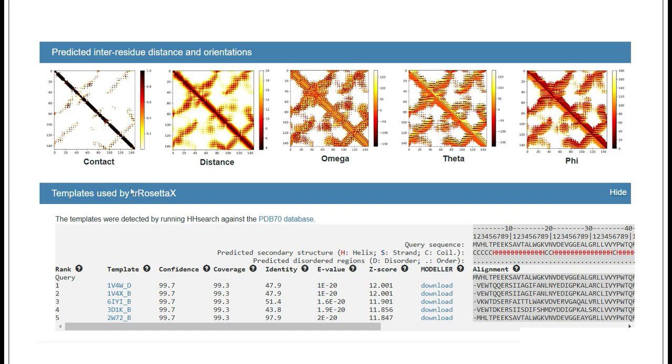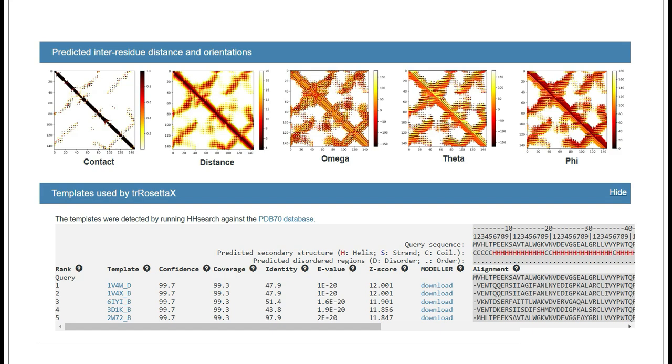Then below the heat maps, you will find a section titled Templates used by TR-Rosetta. Here the first column shows the rank of each template. The rank indicates how well the template matches the query sequence, with rank 1 being the best match. Then template. The second column lists the template ID, which corresponds to known protein structures from the PDB database.